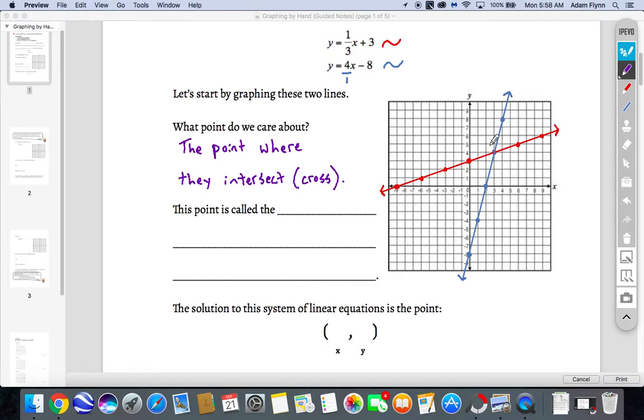Okay, and this point where they cross is called the solution of a system of linear equations.